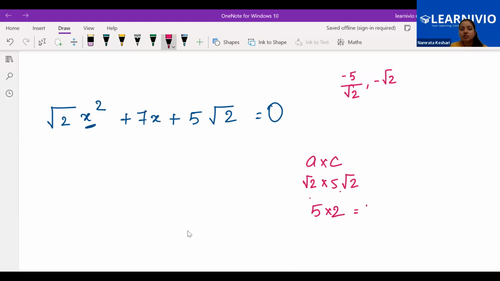That is 10. We are having A into C, we are having 10. Now this 10 we will try factorizing and we will split the middle term 7. So 10 we can say it is just 5 into 2, and 5 and 2 is generating this 7. You can see 5 and 2 added together will give us 7x.